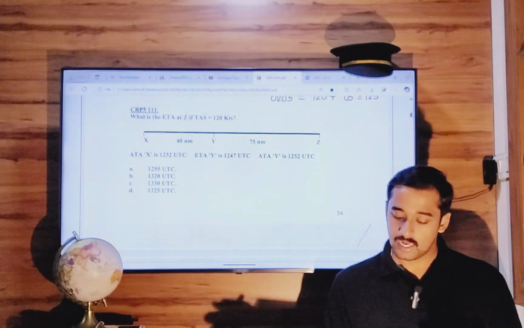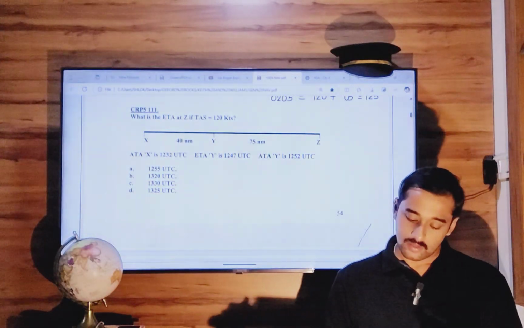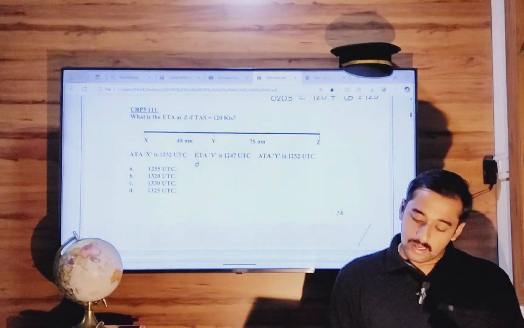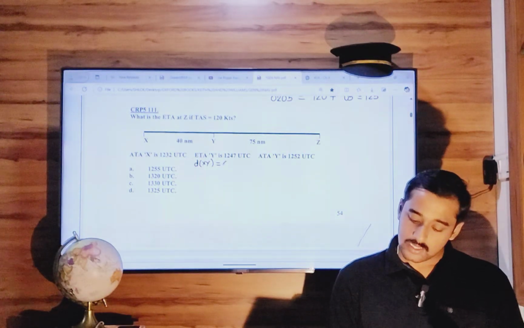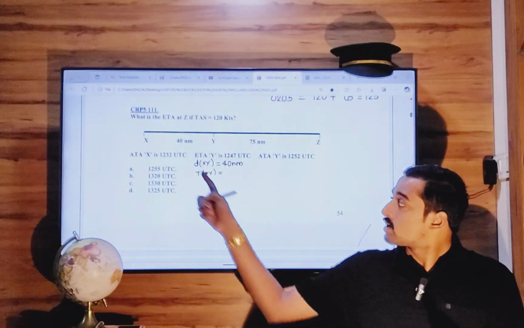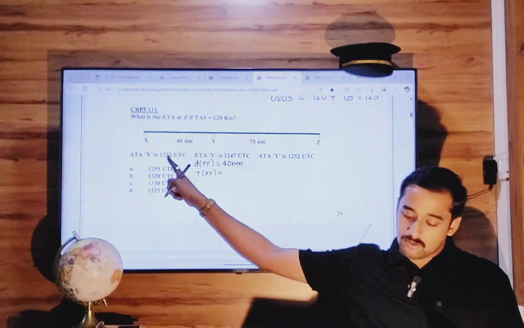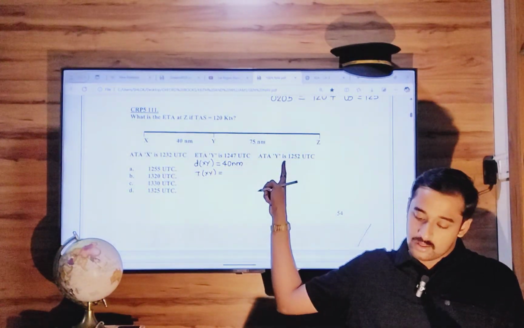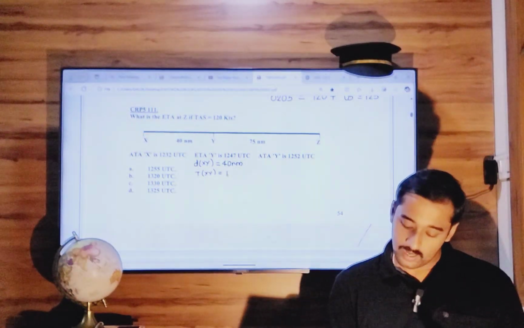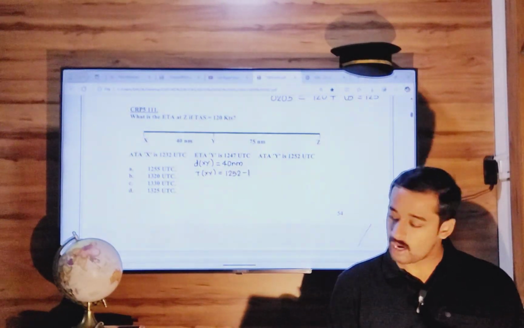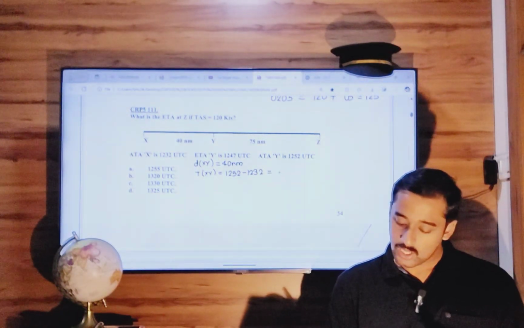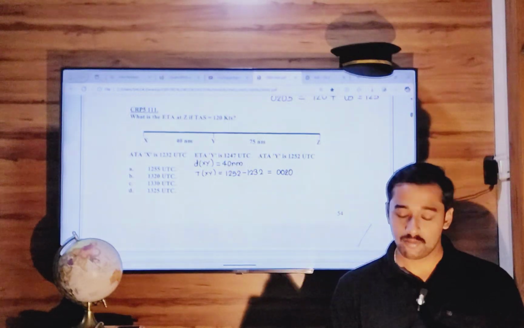Next, question 111. Distance x to y is 40 nautical miles. Time x to y is how much? 12 hours 52 minutes minus 12 hours 32 minutes is 20 minutes.